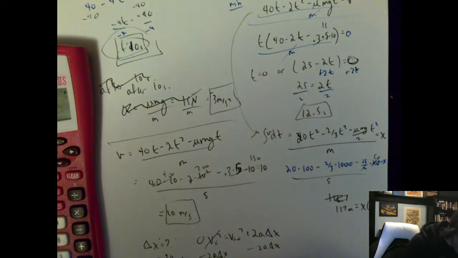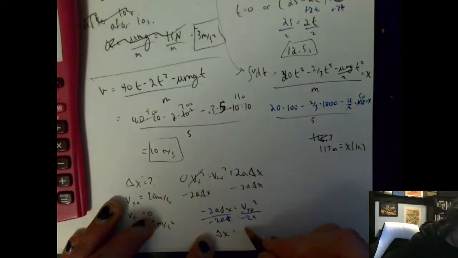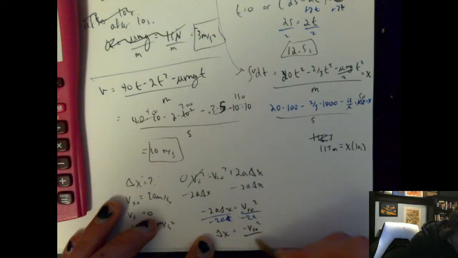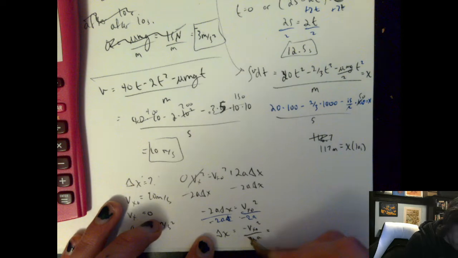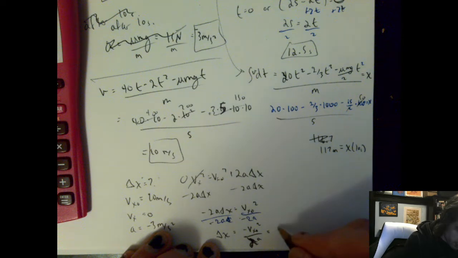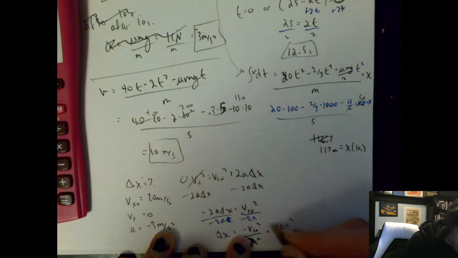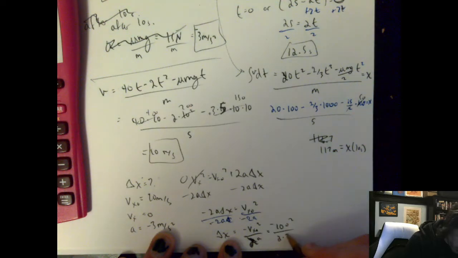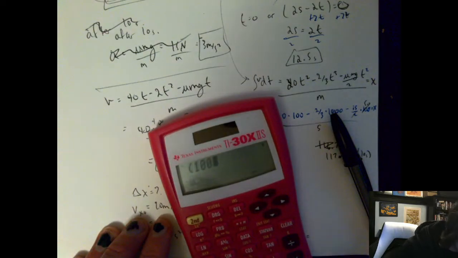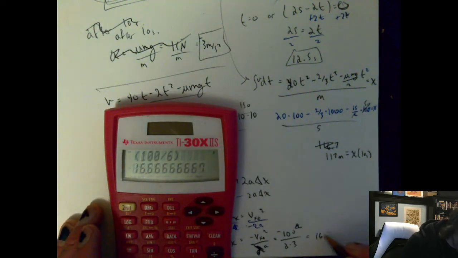Negative, negative, and what we'll get is that our displacement is equal to negative Vx naught squared divided by 2a, which is equal to 100 divided by 2 times 3, and 100 divided by 6 is 16.7. So 17.